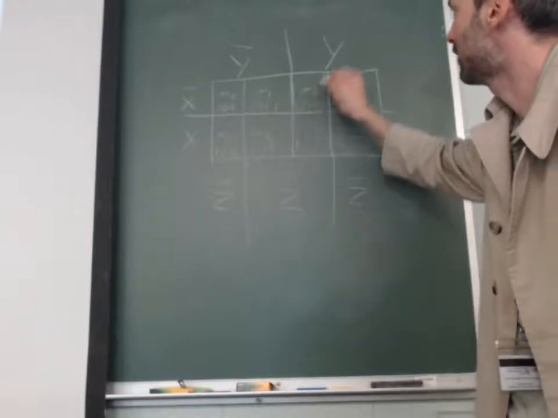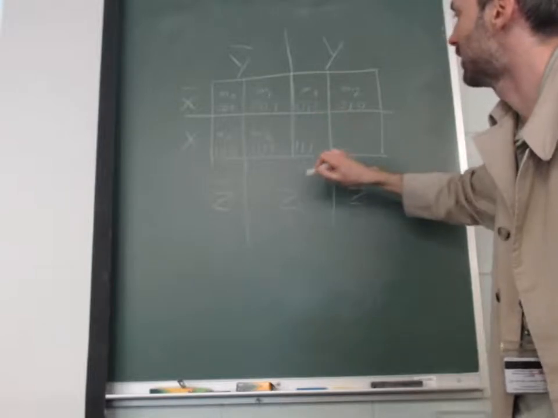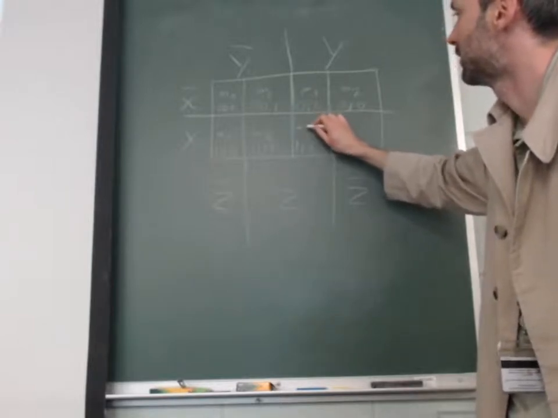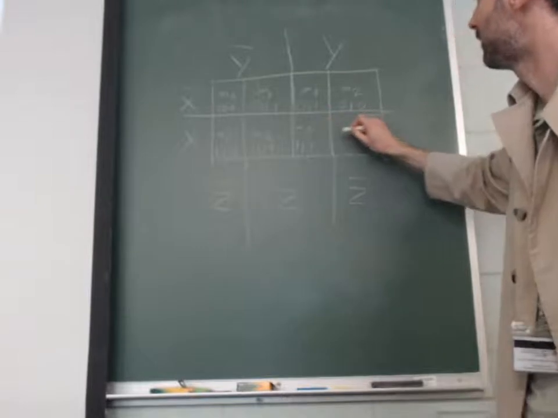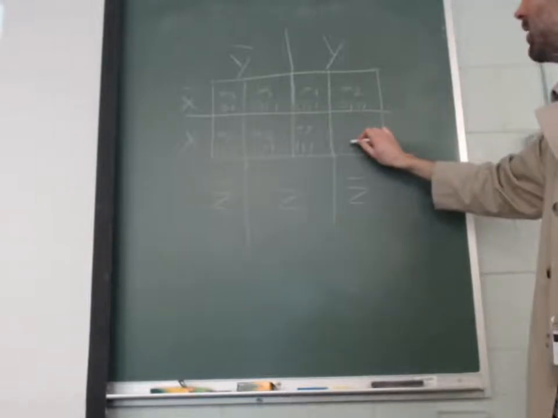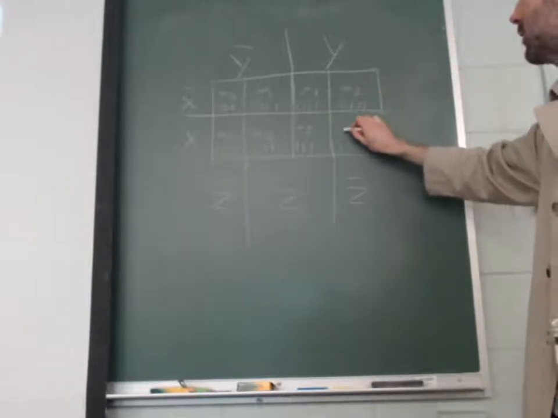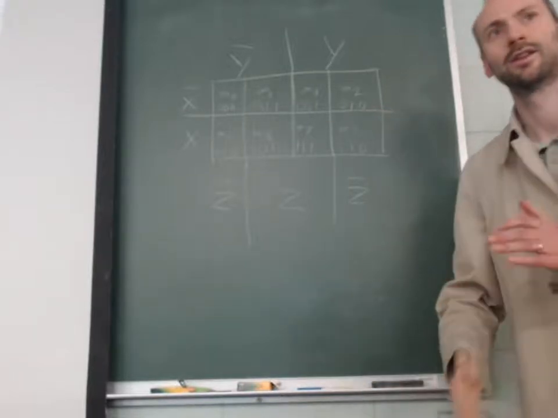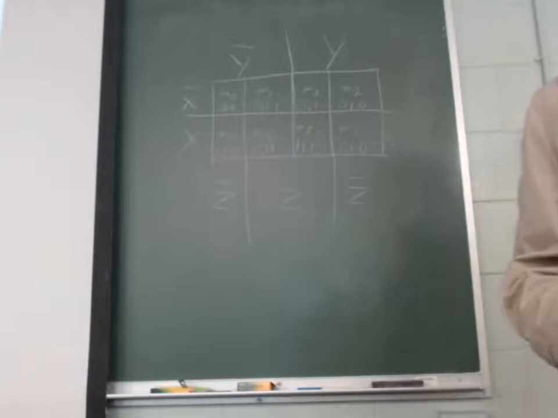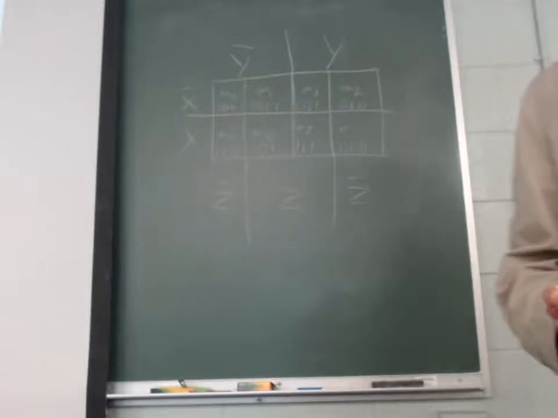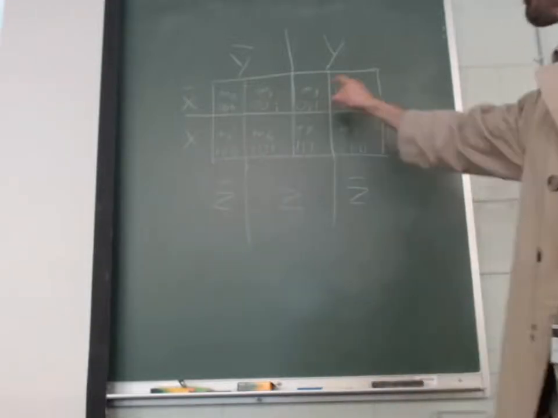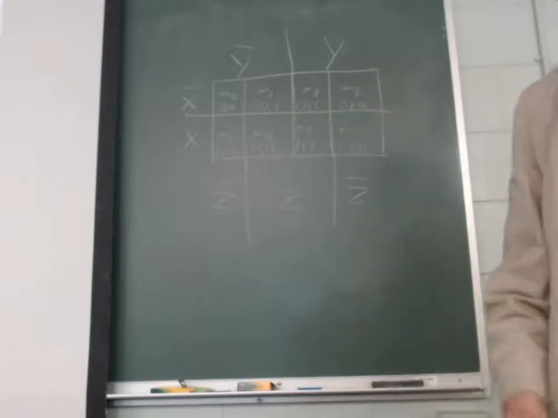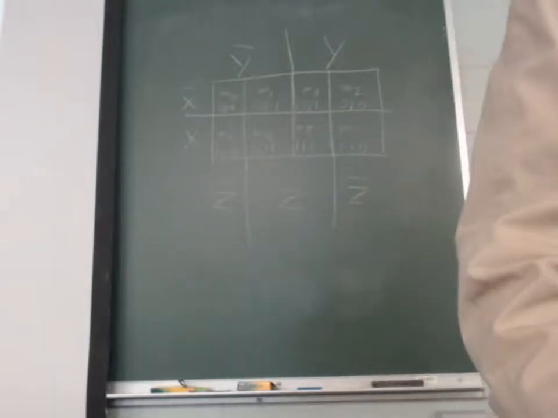Right here, X is on, Y is on, Z is on, minterm 7. Yep. And then finally, X is on, Y is on, Z is off, so we have minterm 6. All right. Is that better? Okay. Hence why it's now 0, 1, 3, 2, 4, 5, 7, 6. It's the new math.